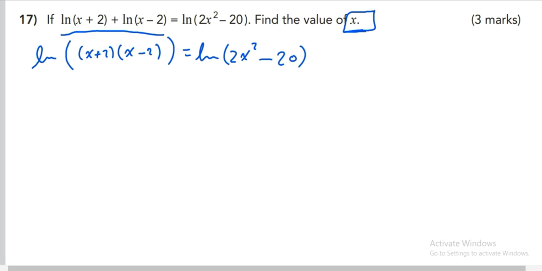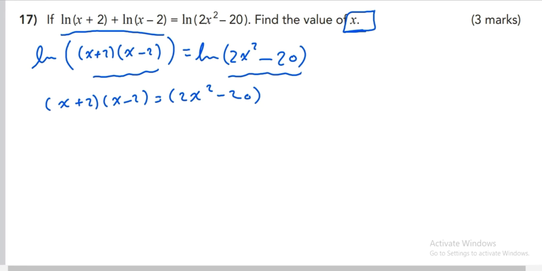Here we have two sides, ln of an expression equal ln of another expression. It means that the first expression equals the second expression.